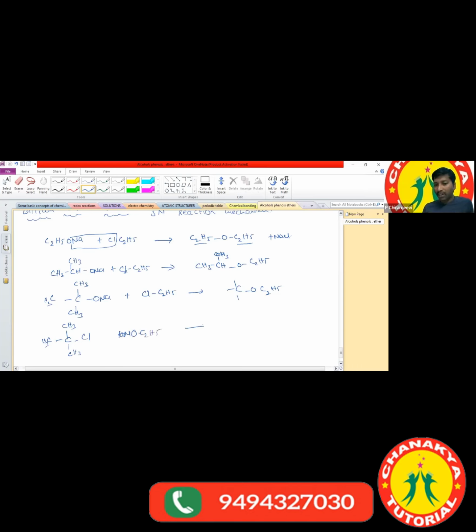In case you had taken Cl-C(CH3)3 plus ONa-C2H5, it forms an alkene, CH3-C(CH3)=CH2, plus C2H5OH plus NaCl. Sir, why does it form an alkene instead of the ether? Because sodium ethoxide is a strong base.